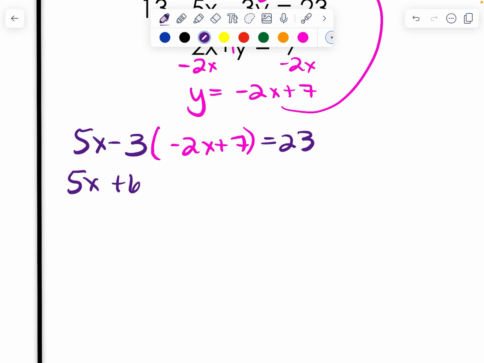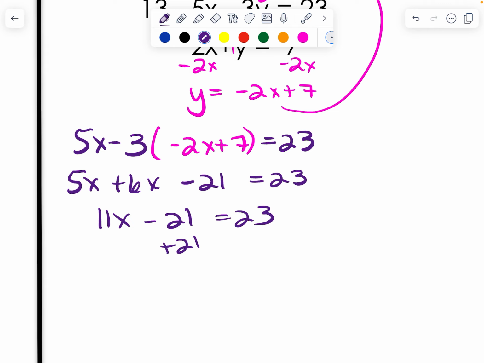5x plus 6x minus 21 equals 23. So 11x minus 21 equals 23. Add 21 to both sides. Divide by 11 and get x equals 4.